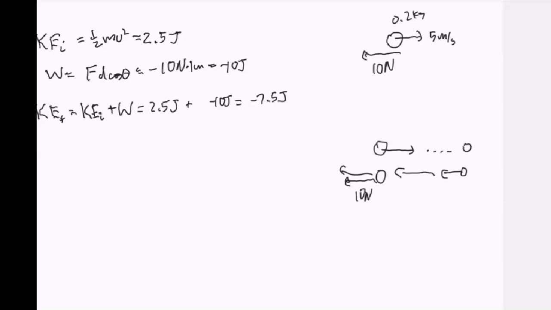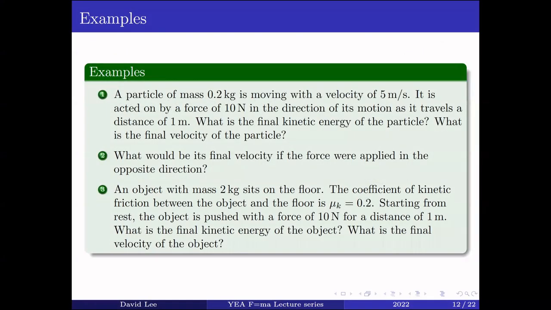So if we go back to our problem, it says travels a distance of 1 meter. What really happens is that the ball will get stopped before it even travels 1 meter. So I guess we couldn't find its final velocity at this point.